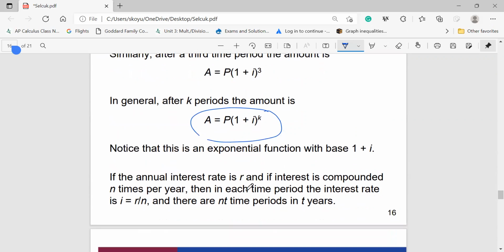So if the annual interest is R, and if the interest is compounded, let's say n times per year, then each time period the interest rate will be divided by n, because you're applying it n times during 1 year, and the number of periods will be n times t, if you're using t years.